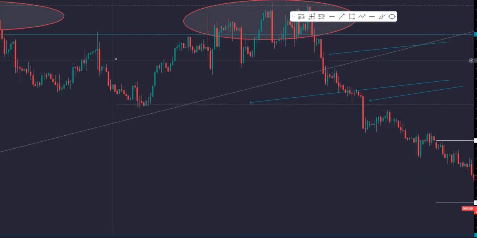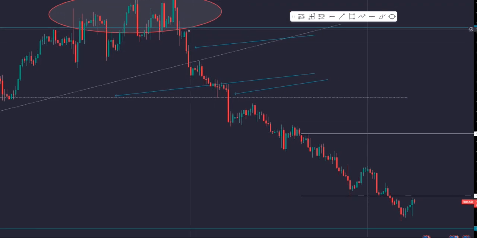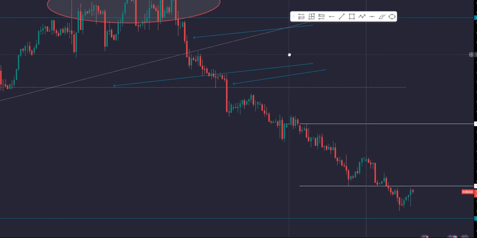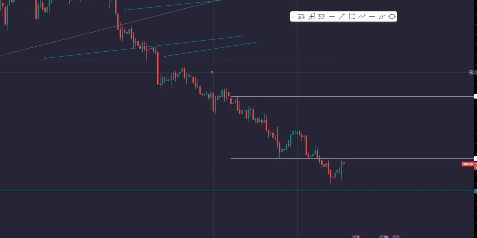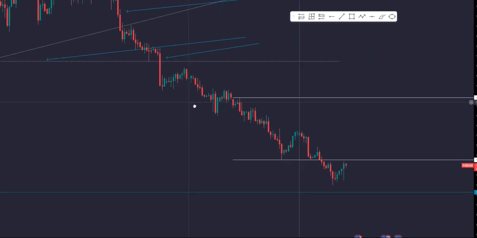Because there are some candles that show that the market is about to explode, about to go where you are expecting it to go.